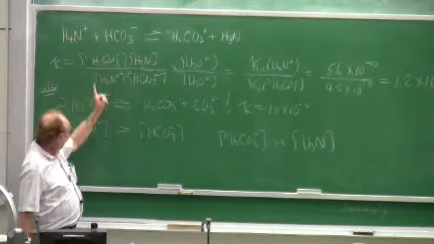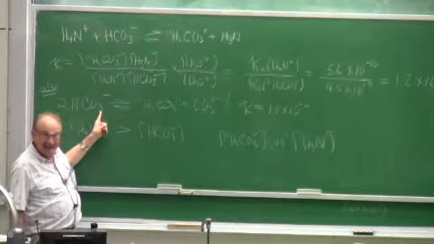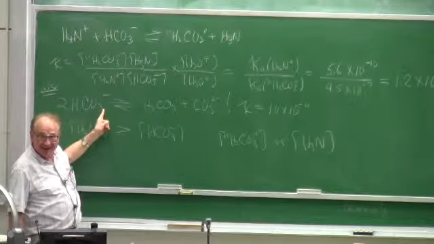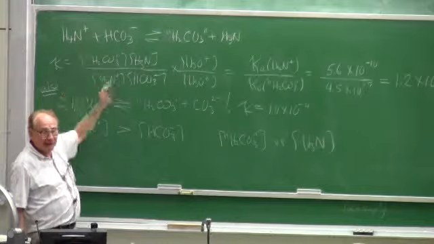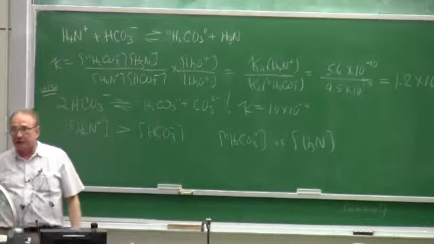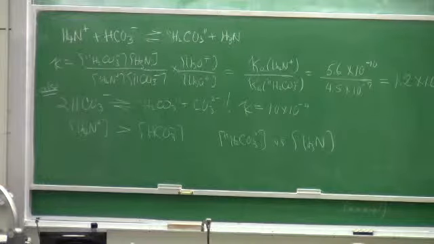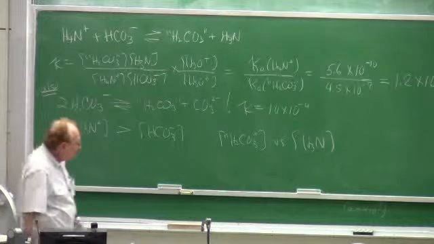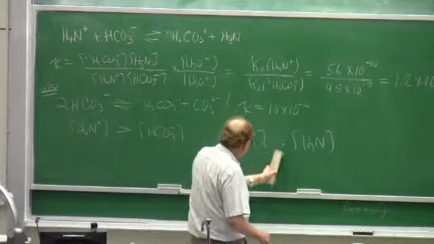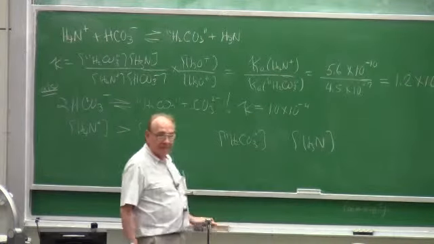This one and this one. These both chew up bicarb ion. But only this chews up ammonium ion, besides ammonium ion plus water, and that's 5.6 times 10 to the minus 10. That's nothing compared to these in terms of magnitude of ammonium ion chew up. So now you know how to tell me how these compare at equilibrium.